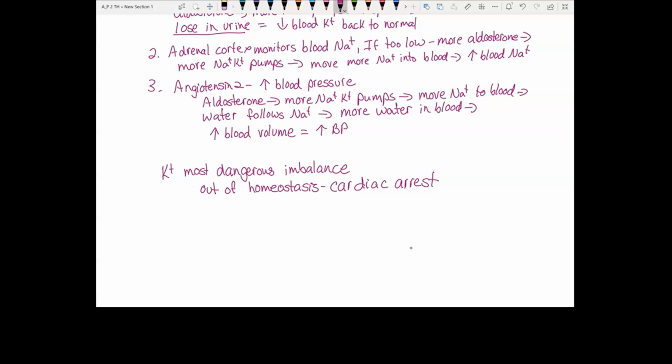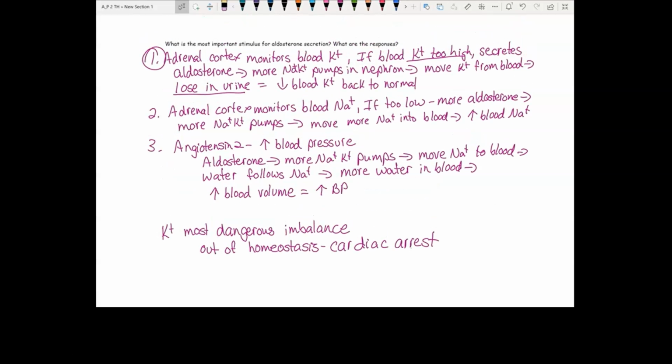So the adrenal cortex gland and aldosterone are very important for keeping your blood potassium level in homeostasis, because you need to keep your blood potassium level just right in order to keep your heart beating. And that will be explained more in chapter 25.